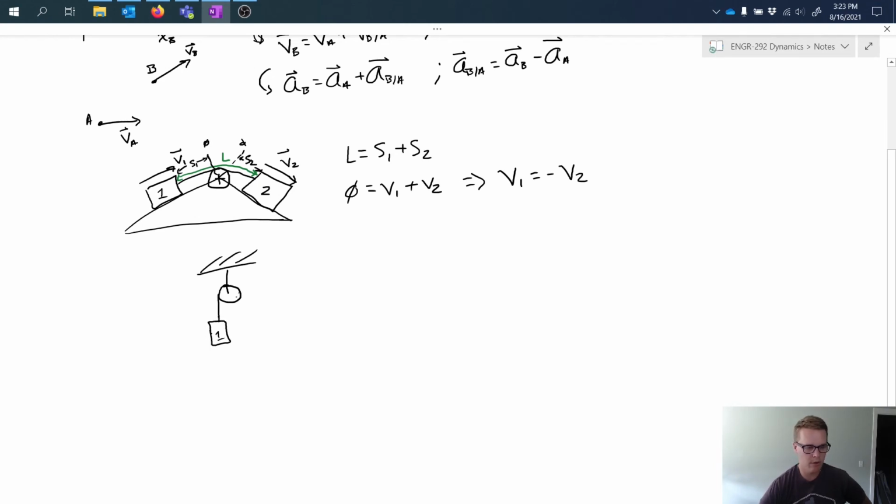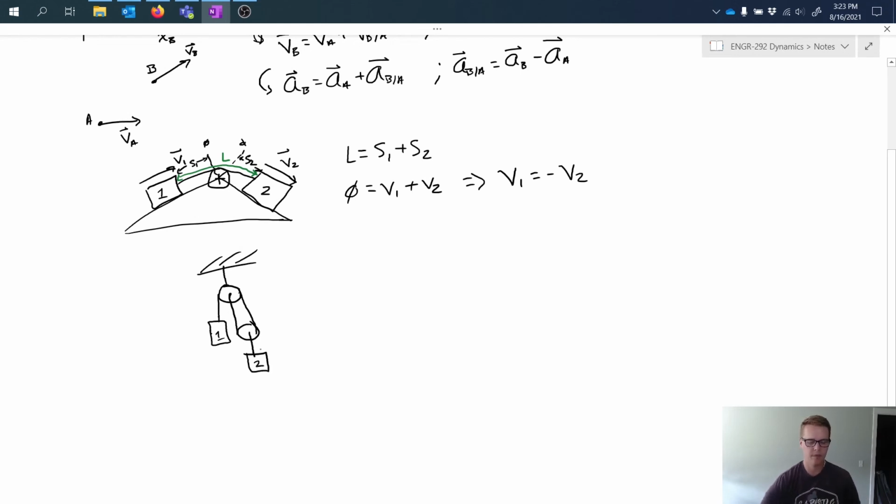This wraps around, and I have a rope here which wraps around another pulley. It attaches here to the center of this one. And this second block hangs from the second pulley.